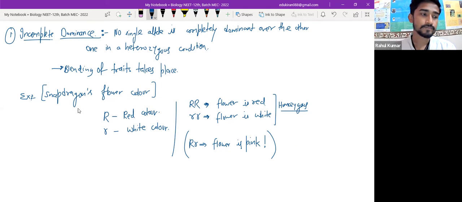So write down. Make this and write down. Snapdragon's flower color gene shows incomplete dominance in a heterozygous condition.